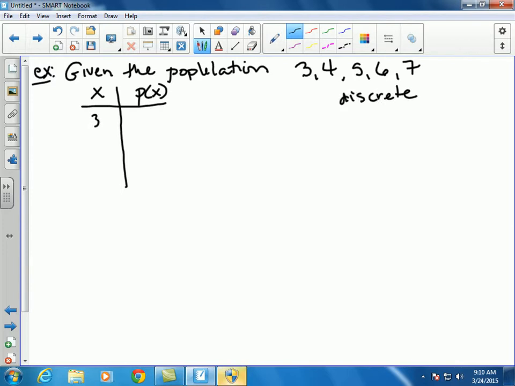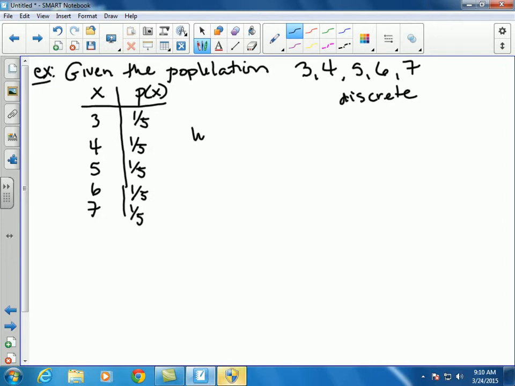And x is 3, 4, 5, 6, 7, and the probability of getting a 3 is 1 out of 5, 4 is 1 out of 5, 5 is 1 out of 5, 6 is 1 out of 5, and 7 is 1 out of 5.